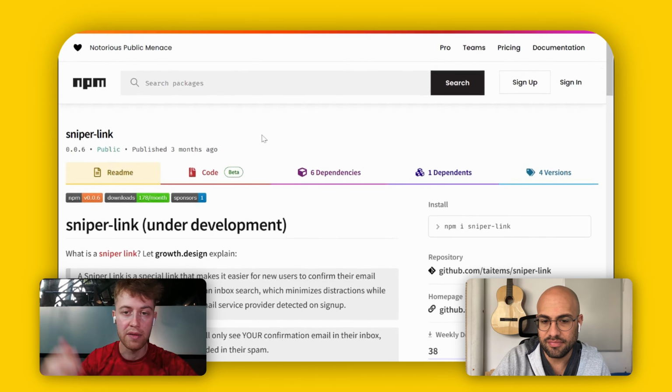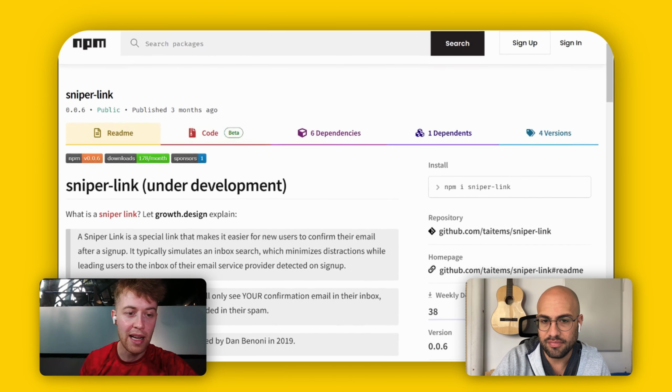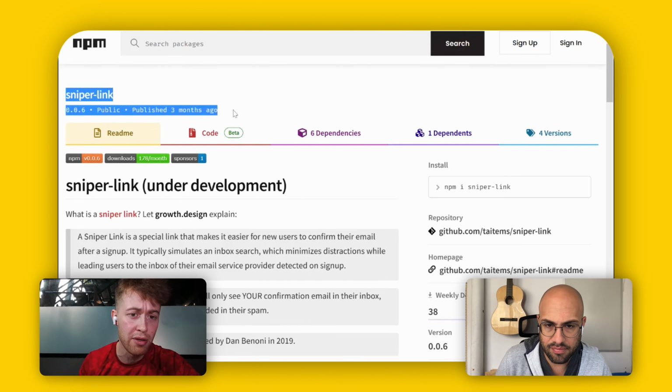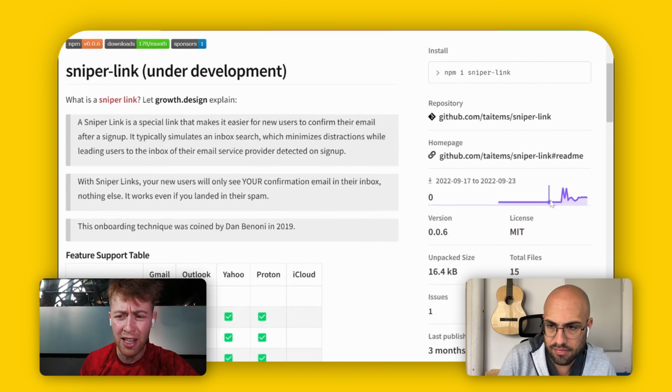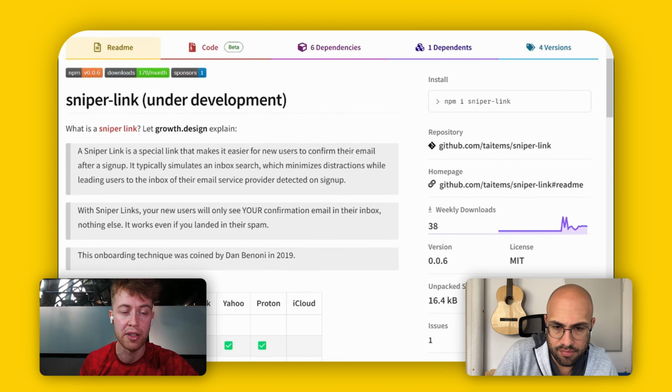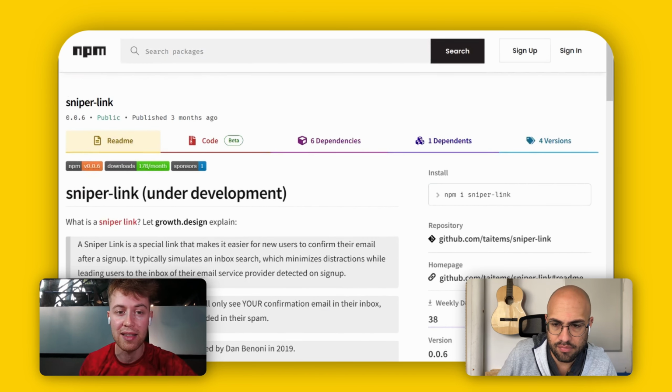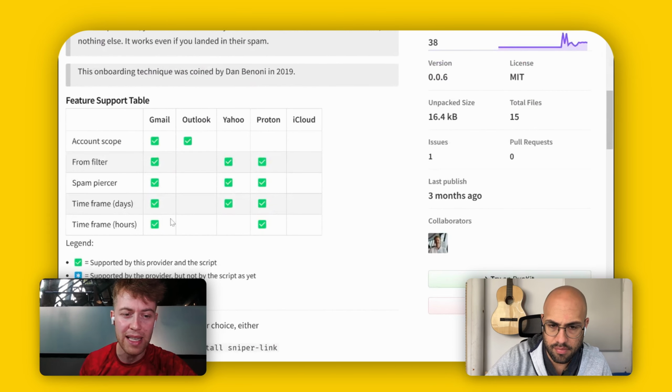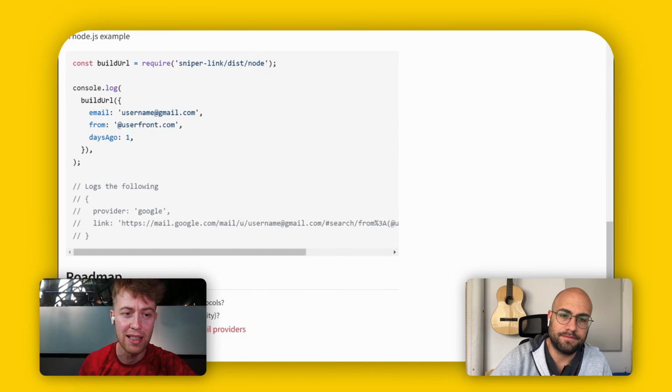And I just want to show you a few examples of that. There's actually one that's interesting. I think it's this one. So I'm on NPM, which is the repository for developers using JavaScript. There's this repository published only 3 months ago. They're not getting too many downloads at the moment. I'm not sure how much of a marketing push they're doing, but they are getting some traction and they're doing the basic idea that we're talking about, right?